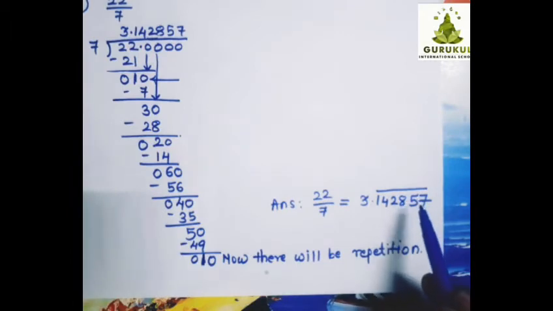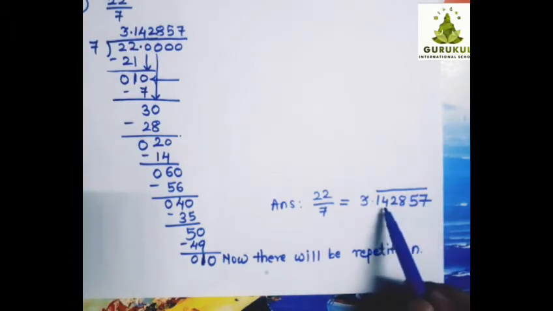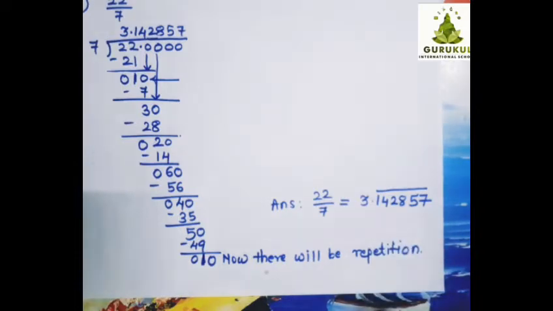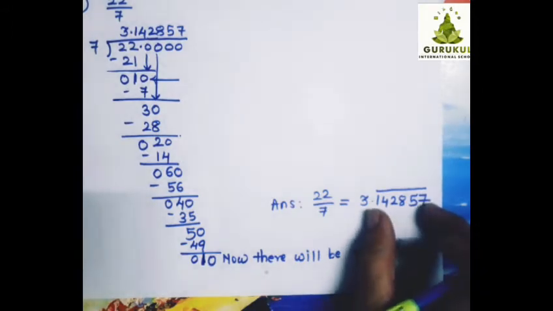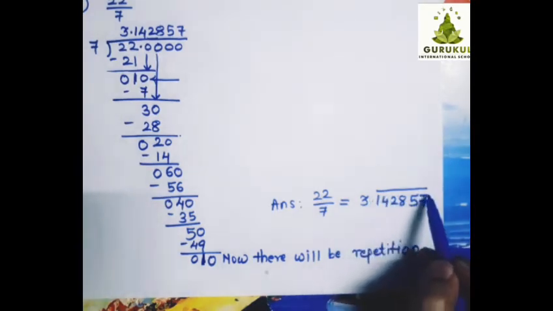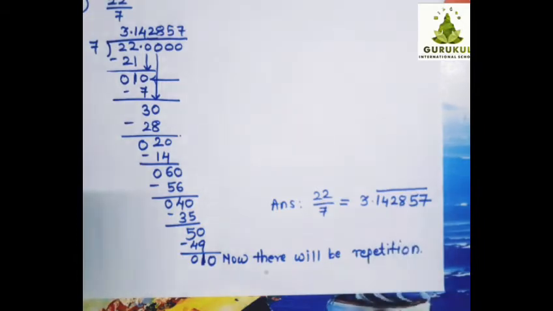The meaning of this line is that the group of these numbers 1, 4, 2, 8, 5, 7 will repeat for infinite times. Okay, you can continue this sum for infinite times, the same group of numbers will get repeated, and that is why we have put one line above these numbers.